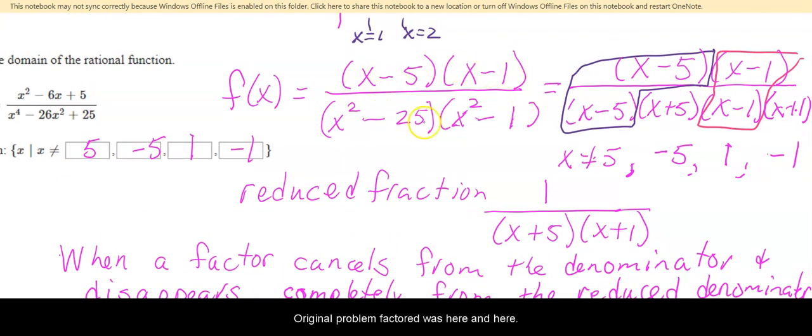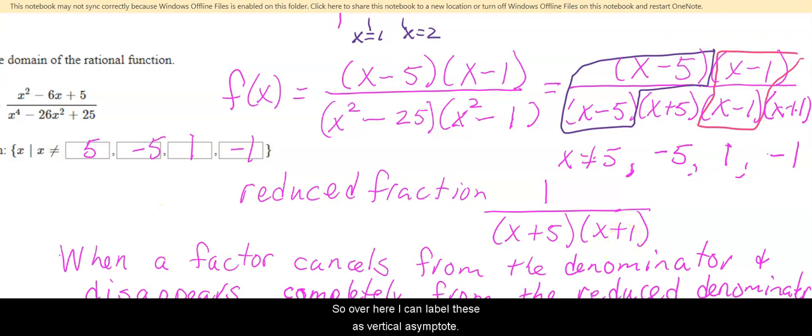Our original problem factored was here and here. We've already said that 5 and negative 5, 1 and negative 1 are not in the domain. Notice that after reducing, the factors left in the reduced fraction are x plus 5 and x plus 1. That means the negative 5 and the negative 1, their solutions, are vertical asymptotes.